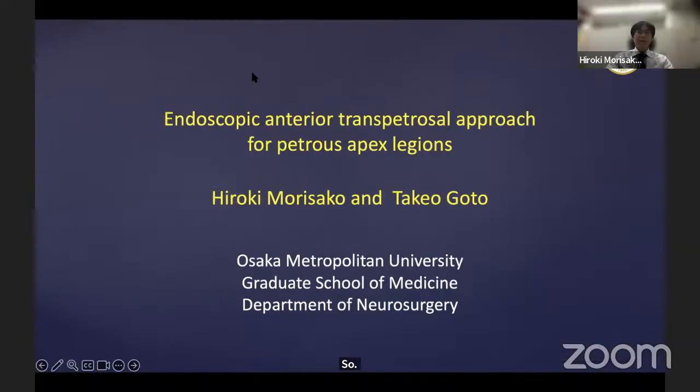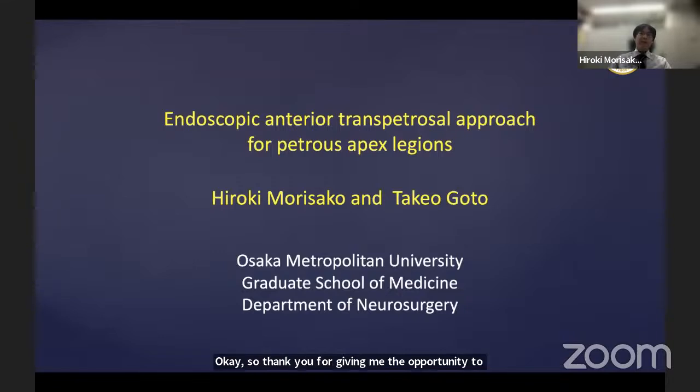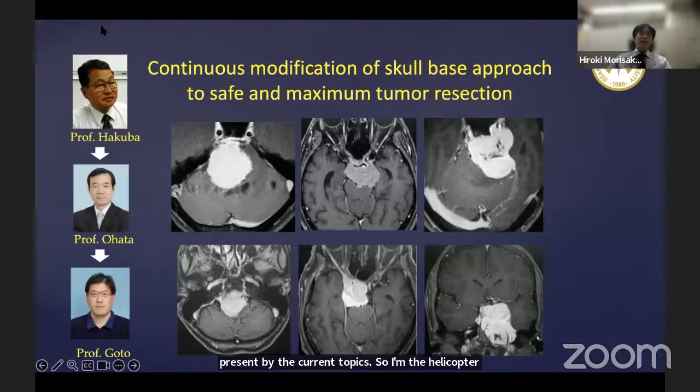Okay, thank you for giving me the opportunity to present my current topics. I'm Hiroki Morisawa from Osaka Metropolitan University. Professor Hakuba, Professor Ohata, and Professor Goto have continuously modified the skull base approach for safe and maximum tumor resection.